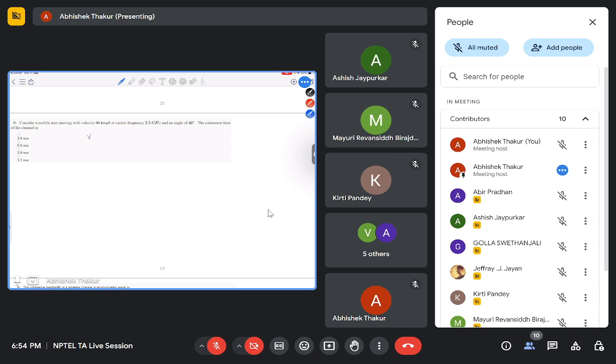So velocity is 90 kilometer per hour. So we can change into meter per second. So it will be 25 meter per second.